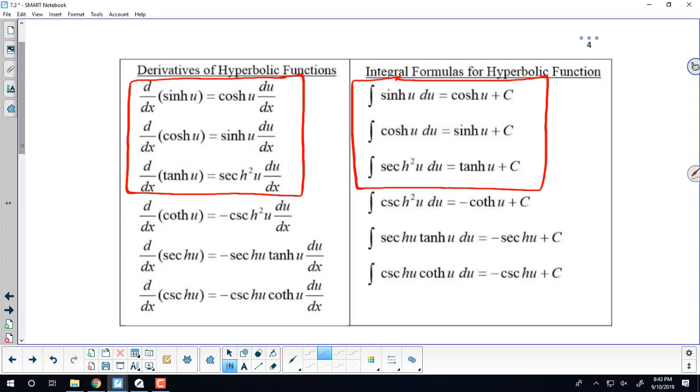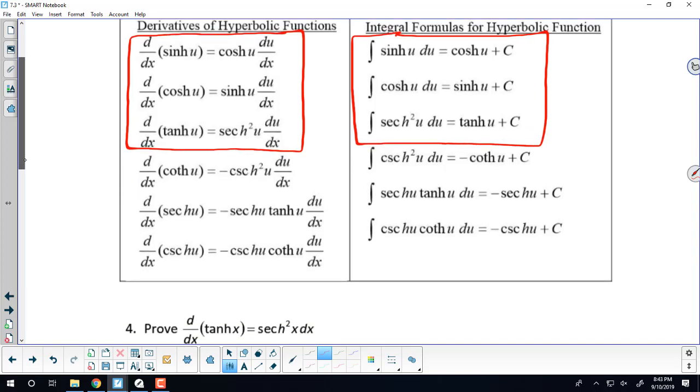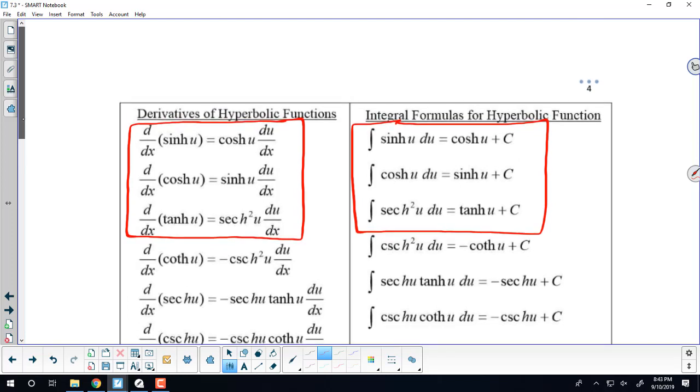And honestly, if you know the three derivatives, you know the three antiderivatives. So those three, or six rather, you should be responsible for knowing how to integrate.